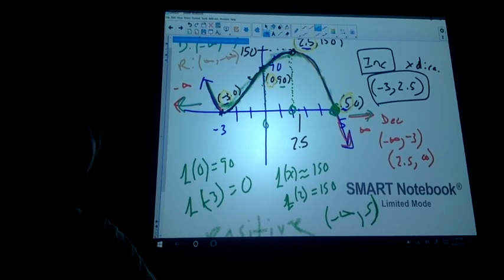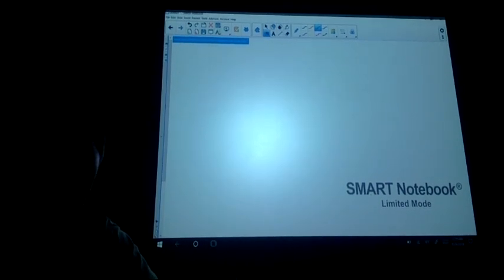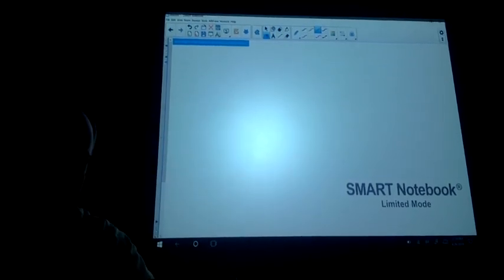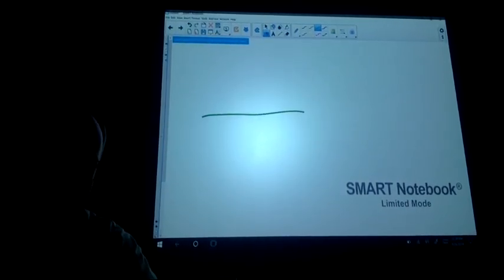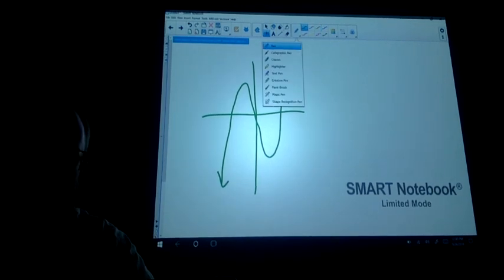Okay. Flip your page over and let's have you walk me through it. So increasing means that as I'm going from the left to the right, my graph is increasing. So I have this kind of like that. It's a lot more smooth than that, but just go with it. So where am I increasing on this graph?